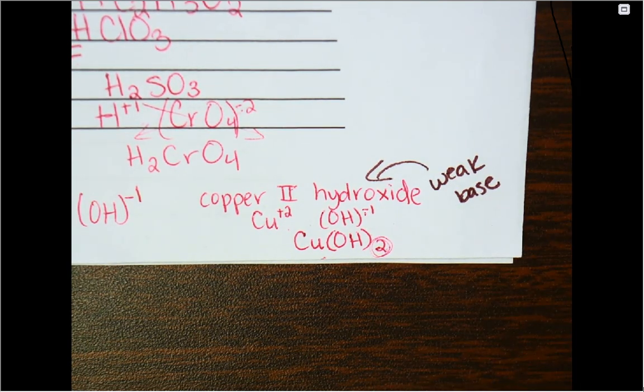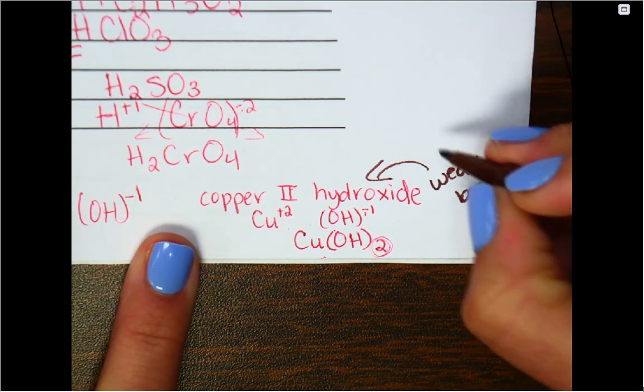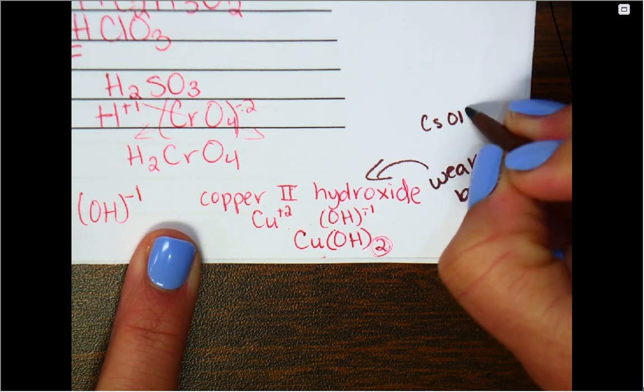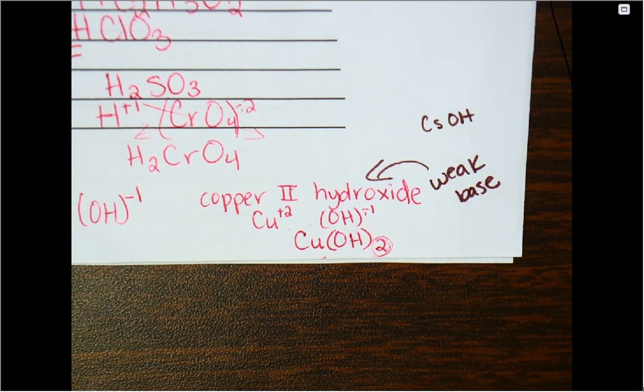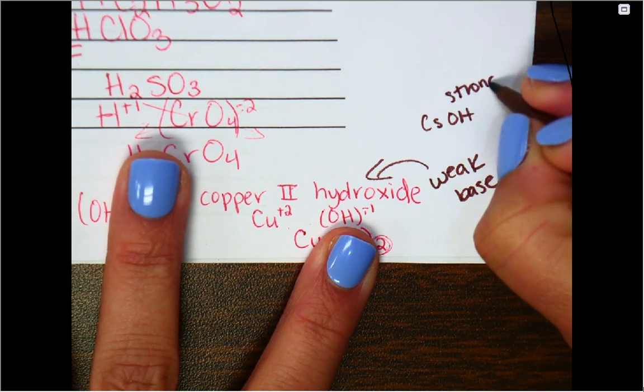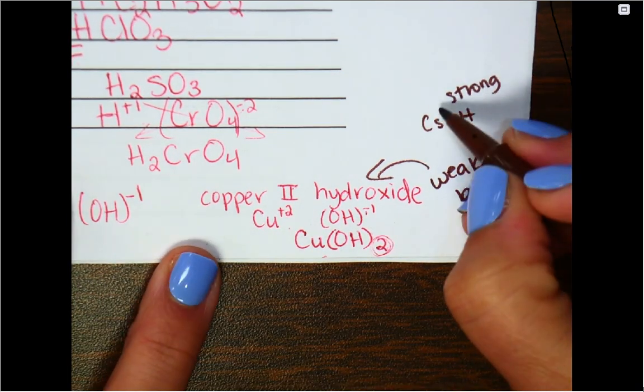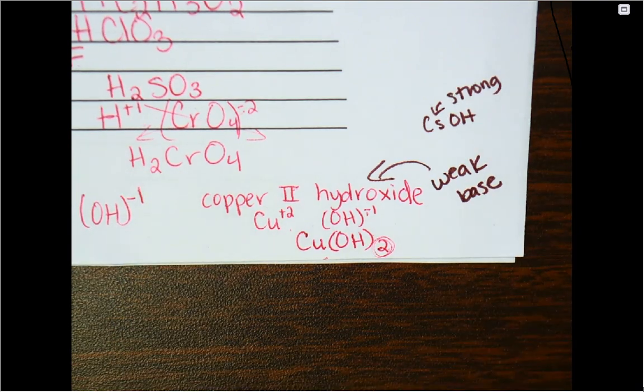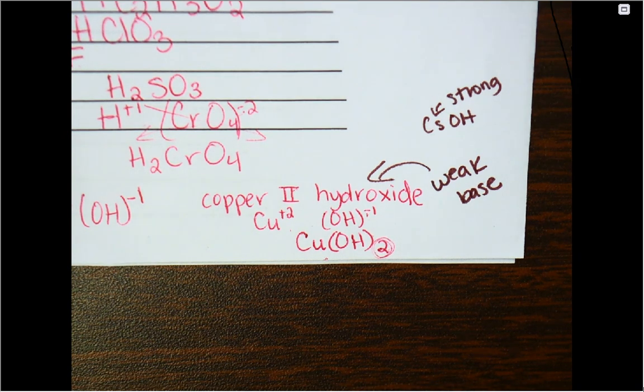If I were to give you something like cesium hydroxide, CsOH, what was that one? That one is a strong base. Good. Okay? All right, so that's all we're going to write about bases. We're going to leave that one alone. Okay? All right. So now let's go ahead and run through our strong acids. Okay?